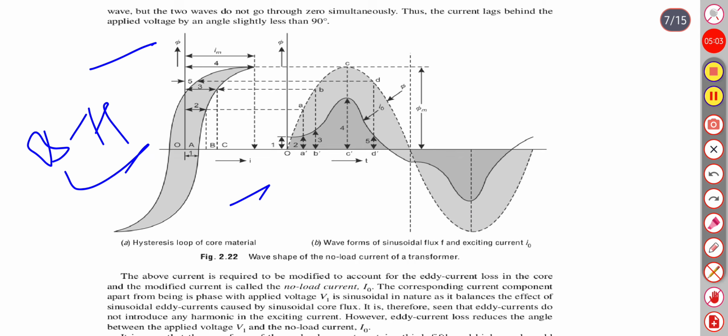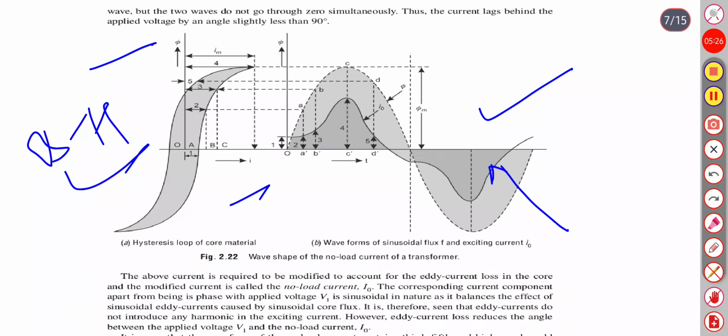Here it is drawn against phi and I, and this is the waveform which represents the equivalent behavior of this magnetizing current and the flux phi, as well as the magnetizing current waveform.